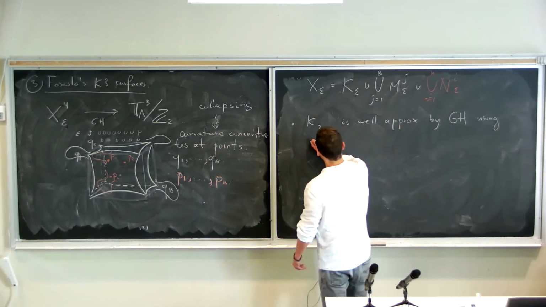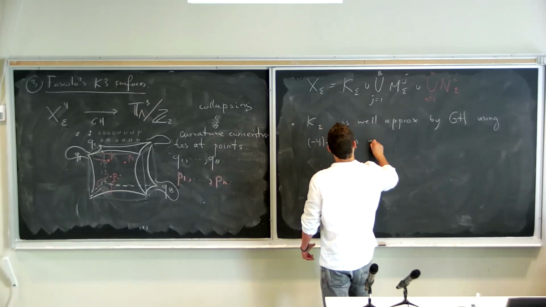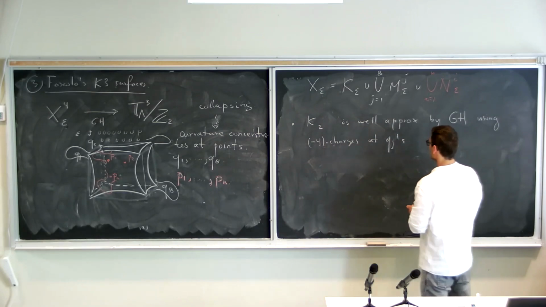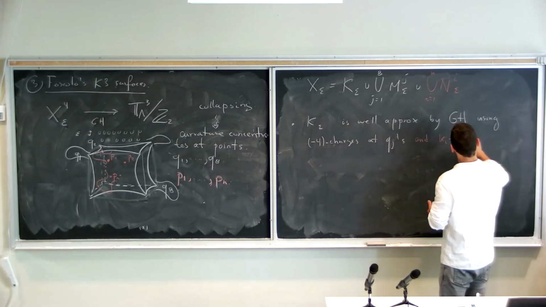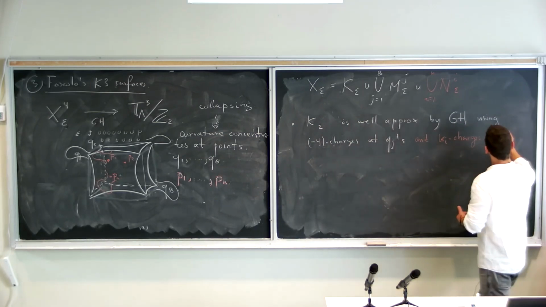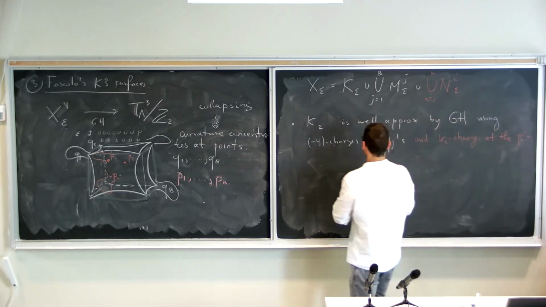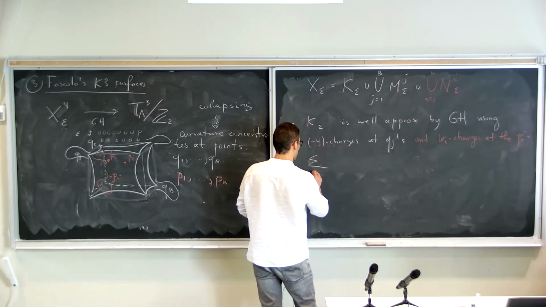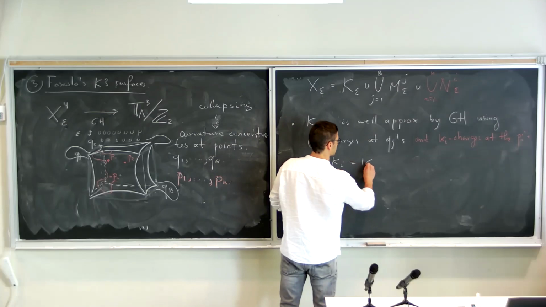So you have -4 charges at the QJs, the fixed points, and KI charges at the PIs. And of course, because you need the total charge to be 0, that amounts to saying that if you sum from I equal 1 up to n, the KIs, you need to get 16. Okay.